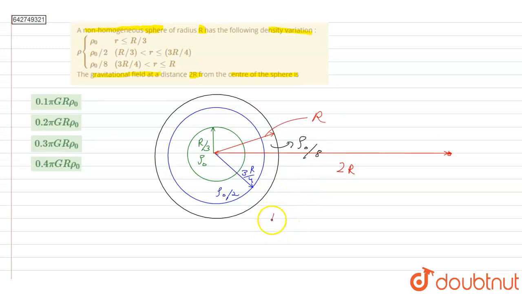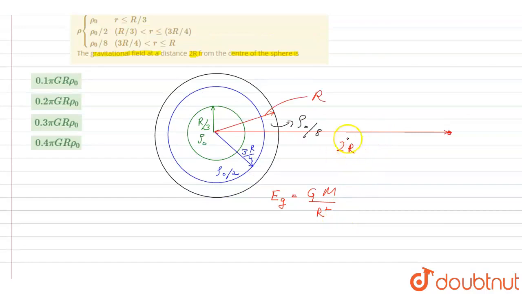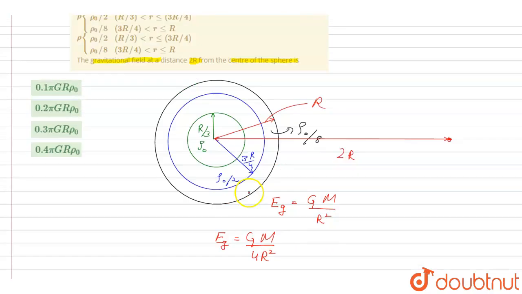The formula for gravitational field at a distance r is given by GM upon r square. In this case the distance is 2r, so I can write Eg will be equal to GM upon 4r square, where the mass M is the total mass of this sphere.